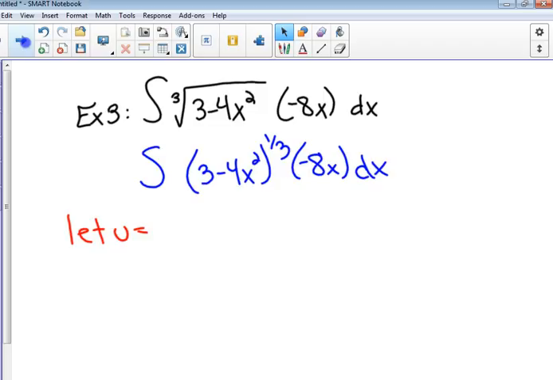So when you do your exponent, you add one. Ready, watch. What are you getting?